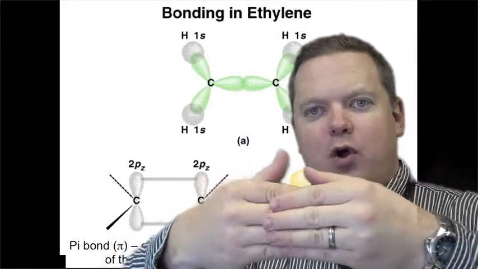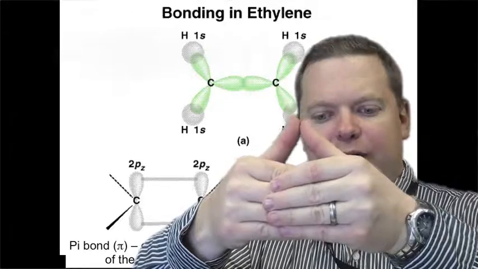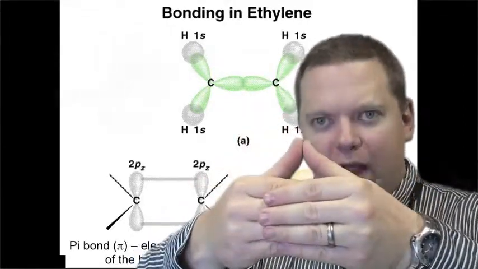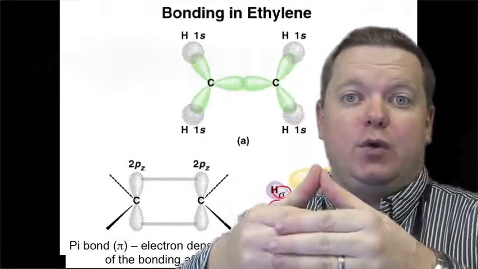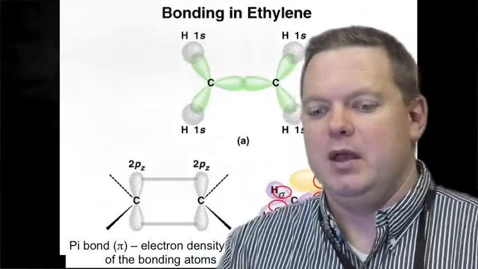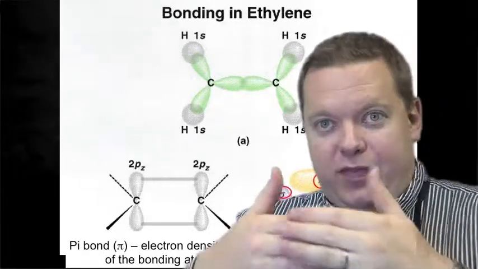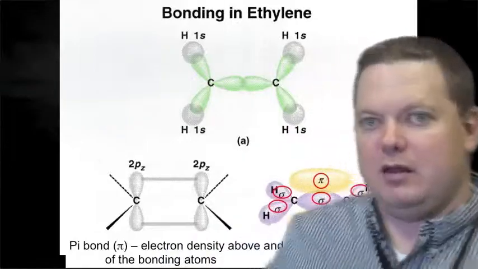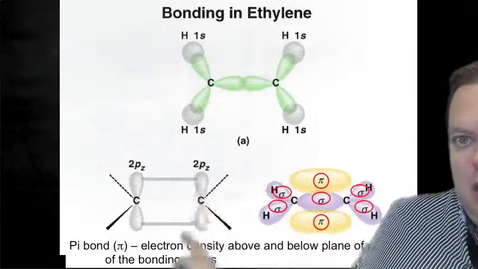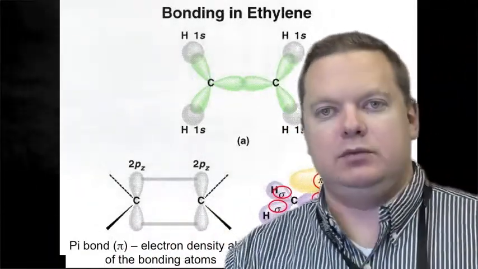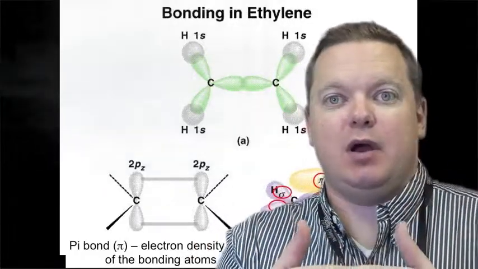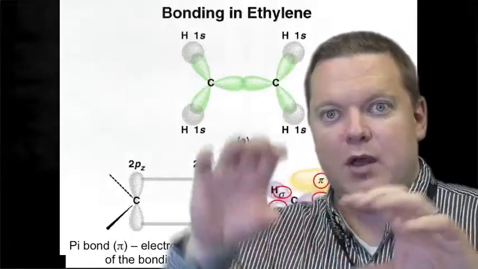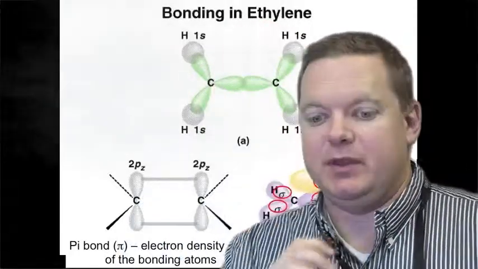Those can interact in a sideways fashion, above and below the plane of bonding, and give us the second bond, or the third bond, depending on how many we need. That indirect overlap is what we call a pi bond. So these direct overlaps between the 2 nuclei are sigma bonds; the indirect overlaps, not in between the 2 nuclei, are pi bonds.